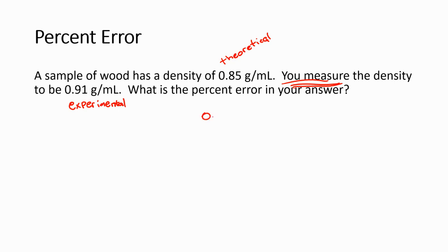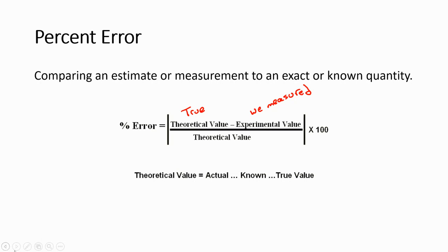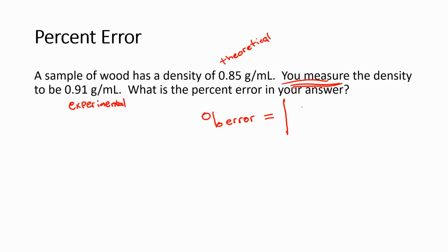I'm going to write down our equation again. Percent error is equal to the absolute value of, let's go back and look at it, the theoretical value minus the experimental value.